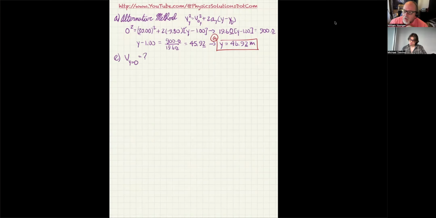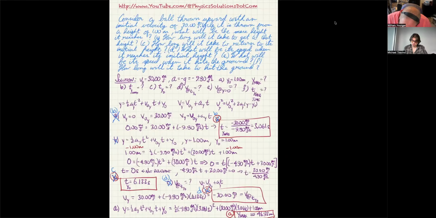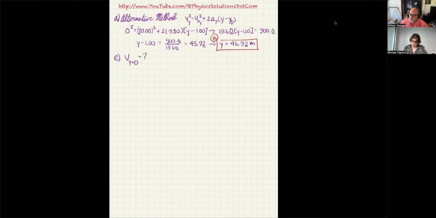Now there's a couple ways we could do it. One could figure out how long it takes for it to hit the ground. We already figured out how long it took to reach the initial height was 6.122 seconds, but we didn't figure out how long it would take to reach the ground. So we can do that now as well.